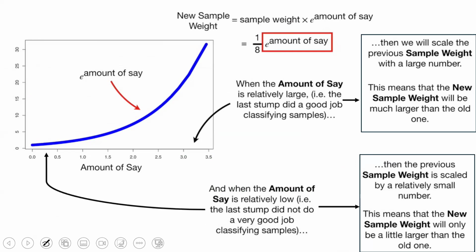Now look at this. This is the graph between amount of say and e to the power of amount of say. When amount of say is low, e to the power of amount of say is also low. When amount of say is high, e to the power of amount of say is also high. Now, how do we calculate the amount of say?